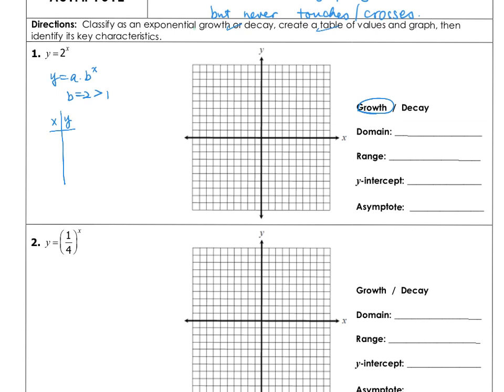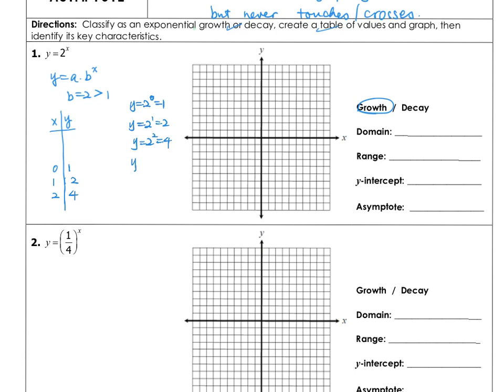Next, we have to create a table. So we have x and y. I usually start with 0, 1, or -1, values that make my life easier. If x is 0, y equals 2 raised to the 0, and anything raised to the power of 0 is 1. For x equals 1, y is 2 to the power of 1, which is 2. For x equals 2, y is 4.